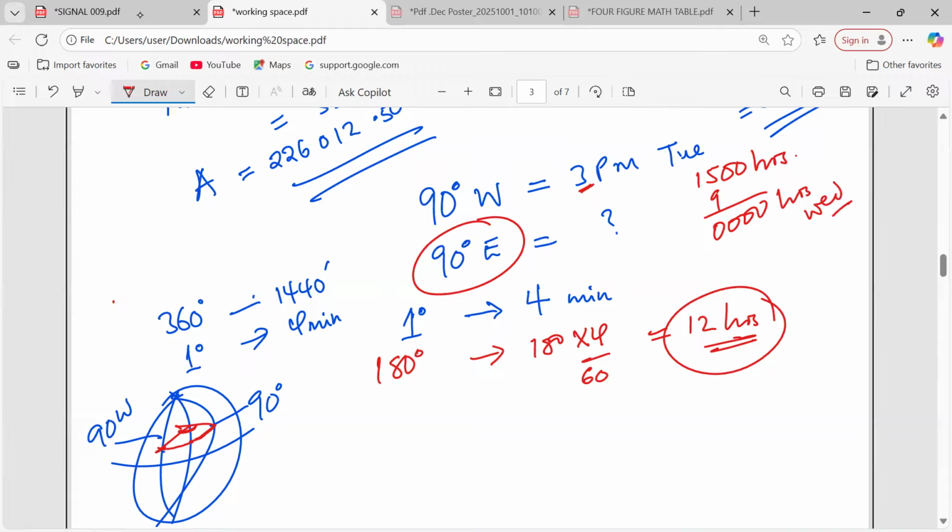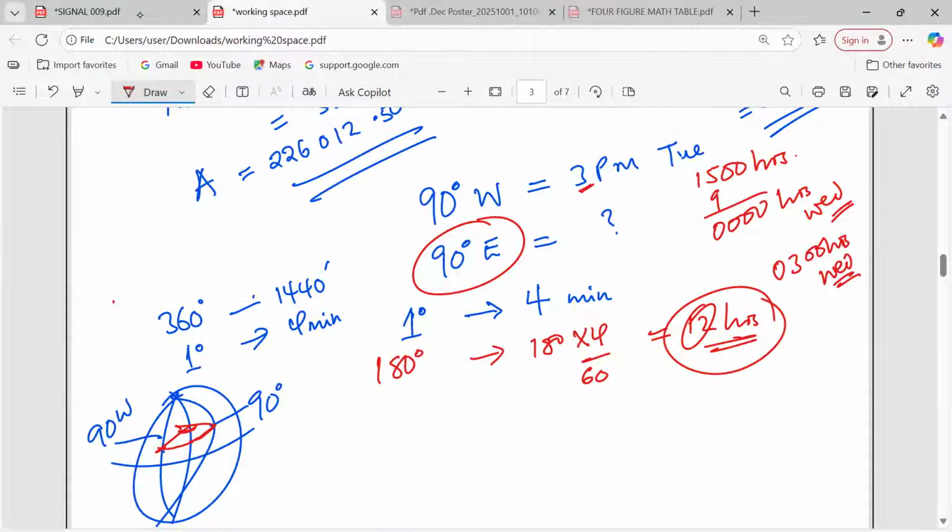Then on top of Wednesday arriving, which is exactly midnight after adding 9 hours, remember the time difference was 12 hours. How many more hours to be added? 3 more hours. So it will be 0300 hours on Wednesday.